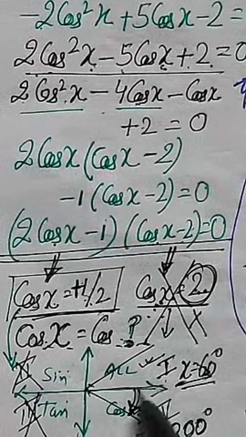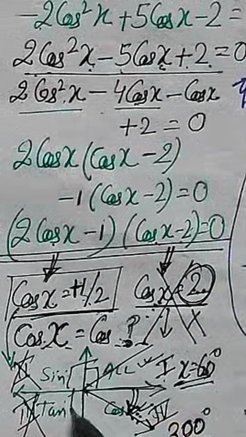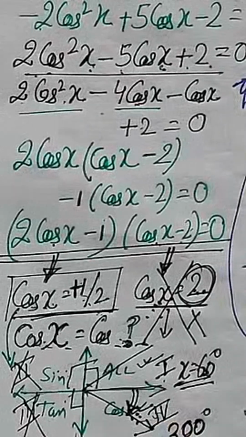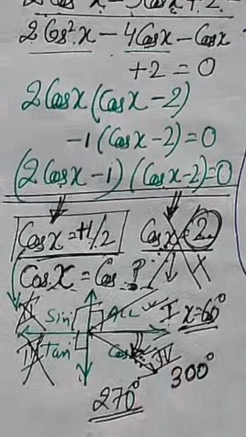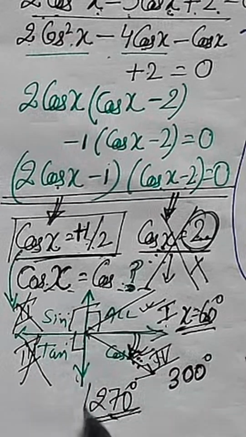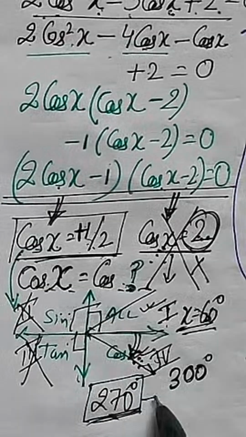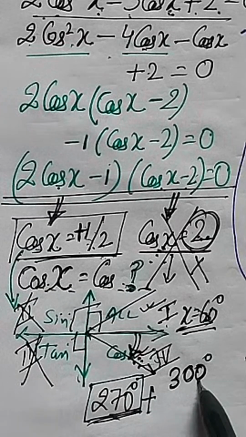If this is coming into the fourth quadrant, definitely 90, 90, 90, so definitely it will be more than 270. It will be more than 270 here. So 270 plus how much will be 300, right?